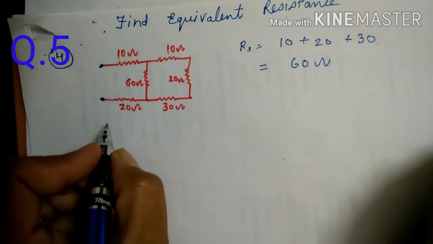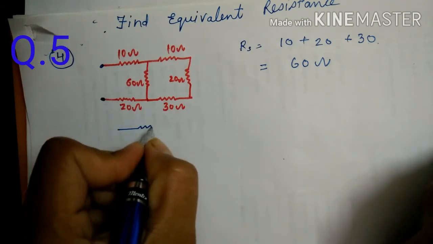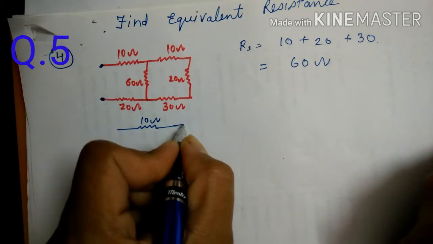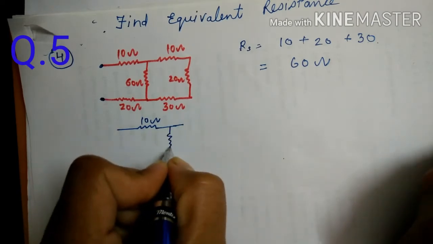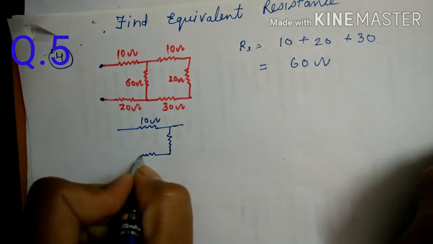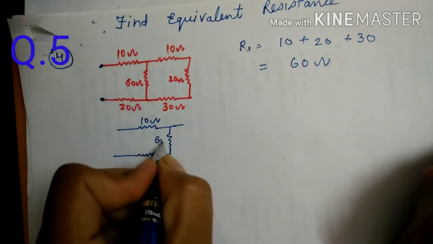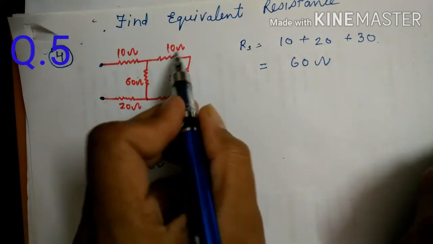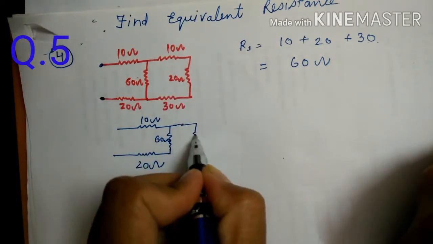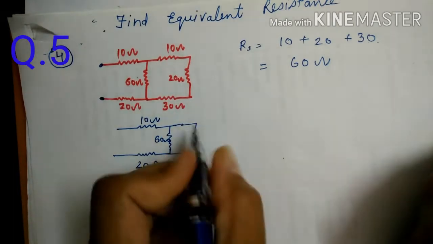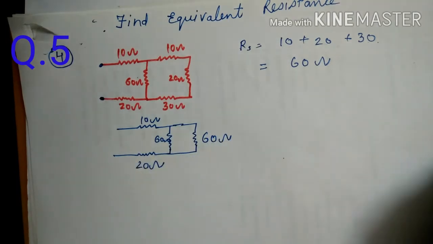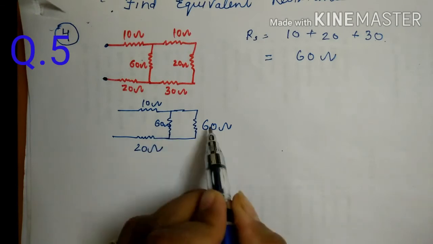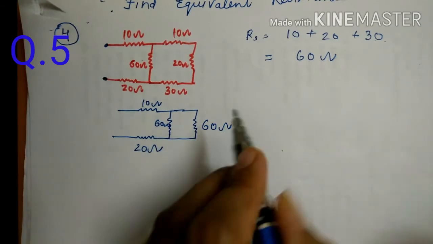So can we draw it in this manner? 10 ohm, this is 60 ohm, this is 20 ohm, and in place of these three we can make 60 ohm. Now these two are in parallel combination, so firstly we will solve it.